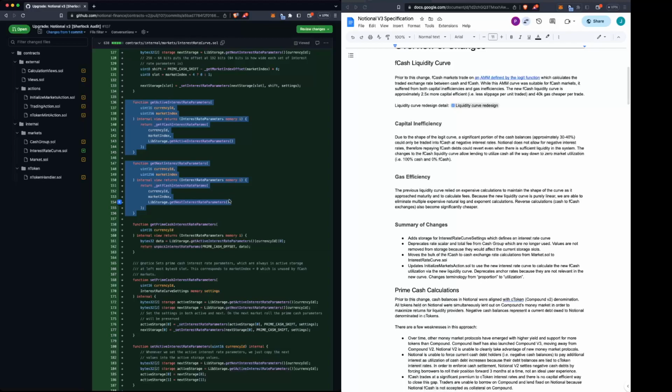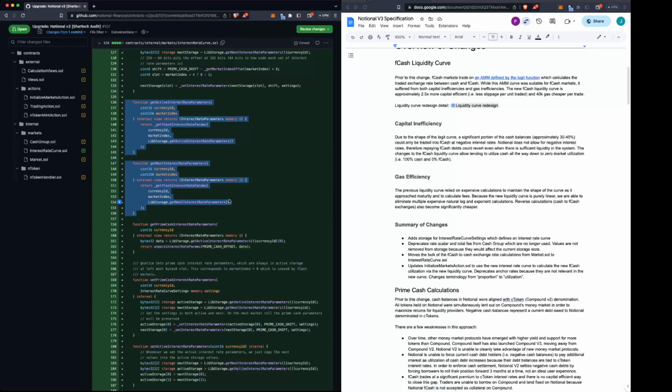Under this new interest rate curve, the entire curve will only change as governance changes the interest rate parameters, and they only take effect at the next quarterly roll. So once we initialize markets every quarter, the interest rate parameters are effectively locked in for the next 3 month duration. And then governance will have the ability to update them for the following quarter.